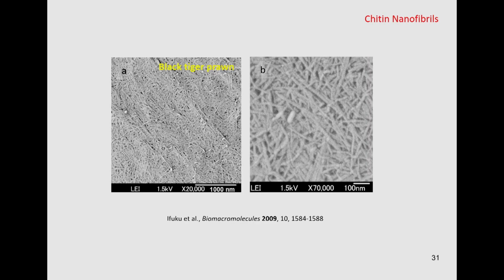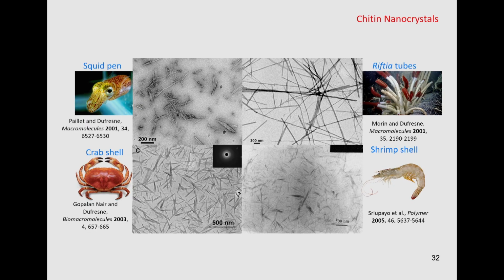So chitin can also be used to prepare these nanoparticles. Biomechanical treatment. Here we have chitin nanofibril films obtained from the shell of black tiger prawn. And nanocrystals can also be obtained from chitin. The same story.